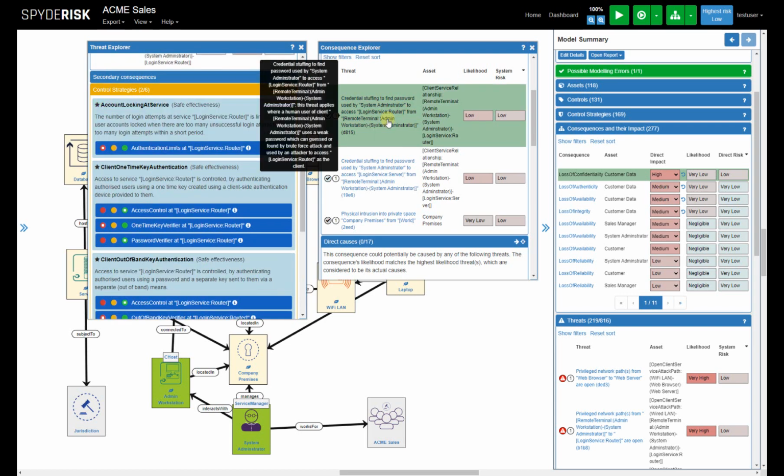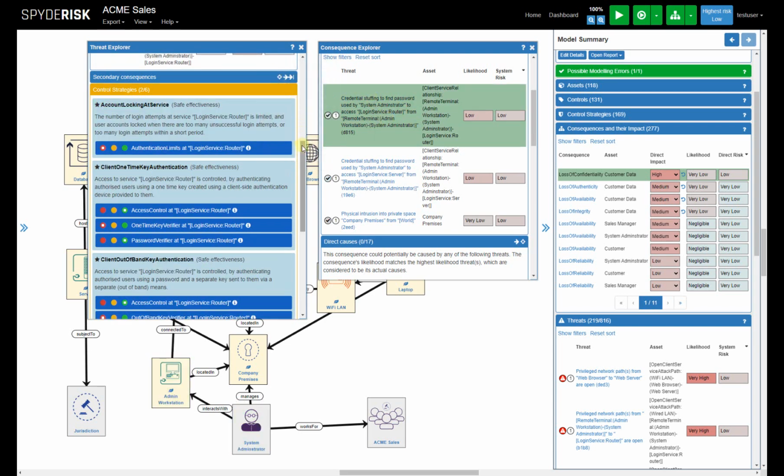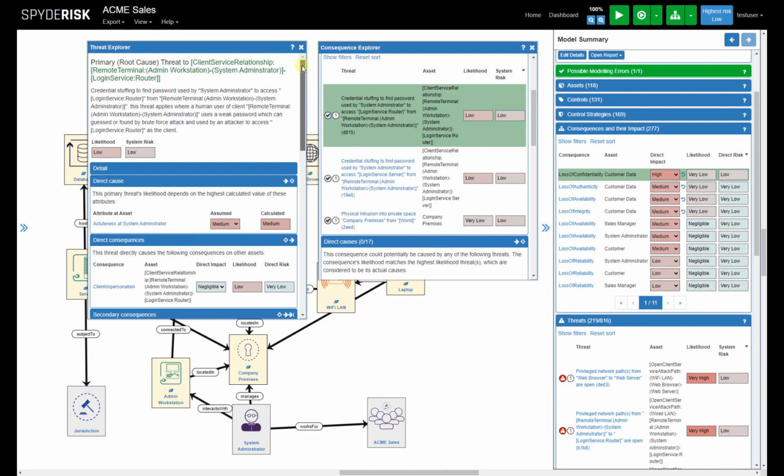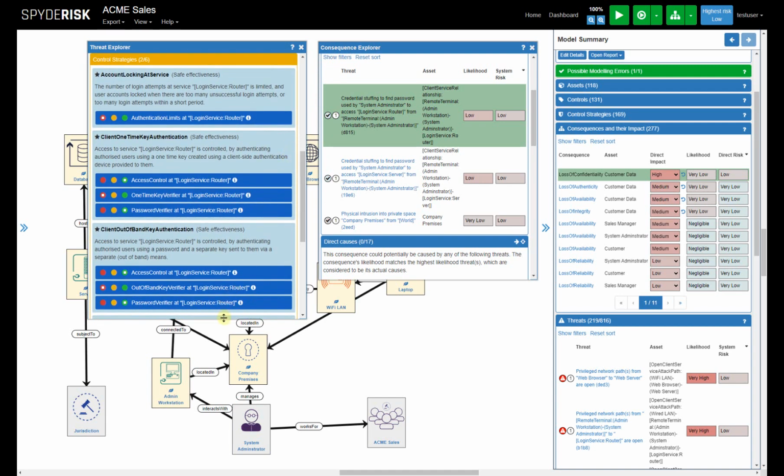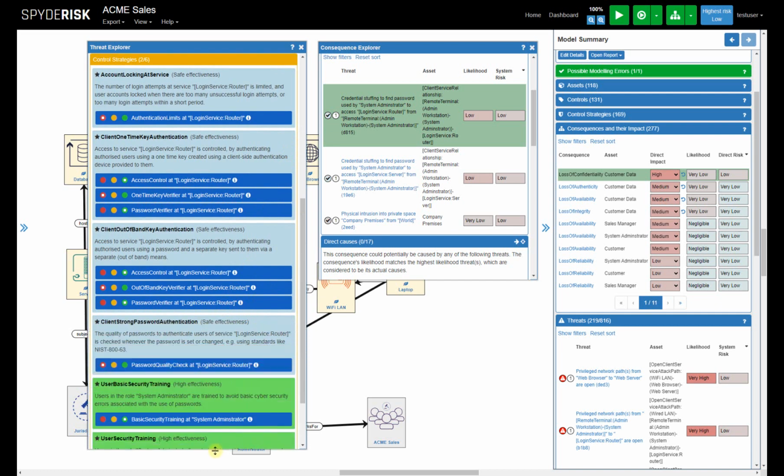So if we click on one of them in the Threat Explorer, again, as usual, it describes it more, but then also presents quite a range of different control strategies to solve this problem, and that includes things like setting authentication limits in the login service. So that's you can only try logging in 5 times a minute or whatever, or you're blocked when you get 10 unsuccessful attempts.